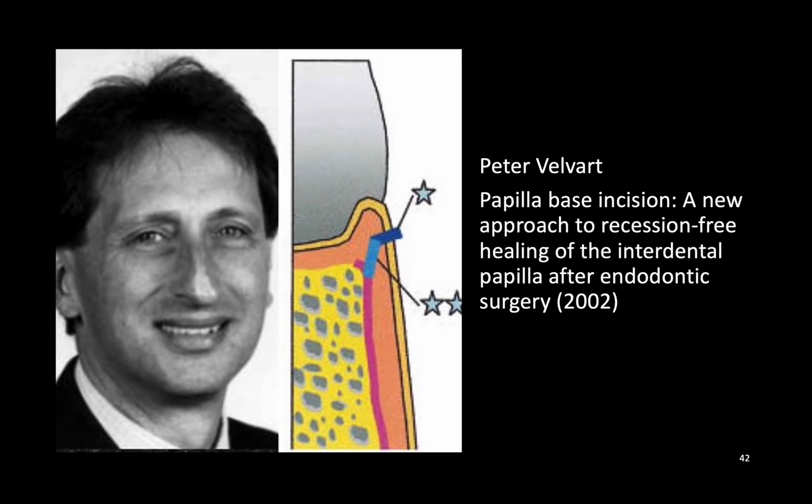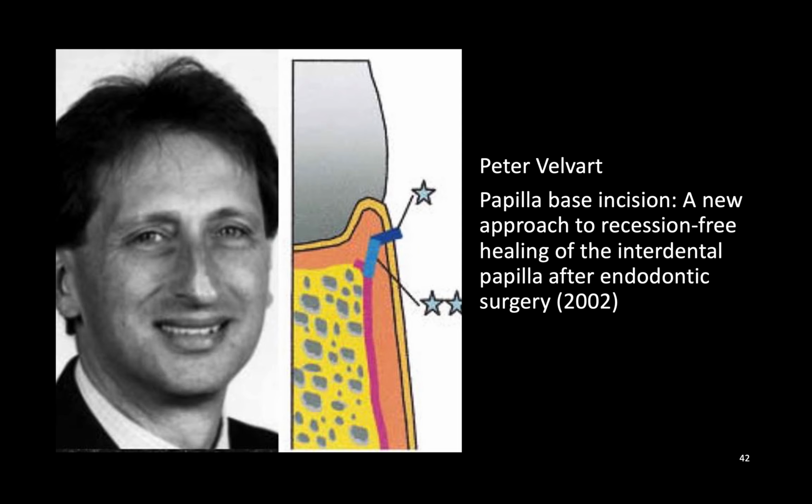Now, the other category of the limited mucoperiosteal flaps is a flap design called the papilla-based incision or the papilla-based flap design suggested by Peter Velvart. We've said with the full mucoperiosteal flaps, there is always a risk of gingival recession, especially in the papilla area.